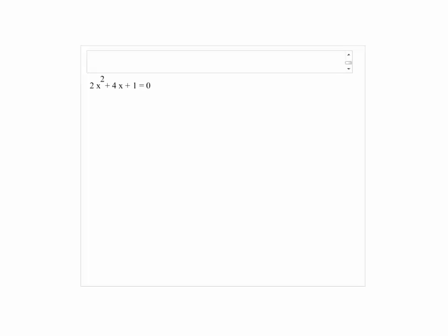Solve by the quadratic formula. 2x squared plus 4x plus 1 equals 0. The quadratic formula is x equals negative b plus or minus the square root of b squared minus 4ac over 2a, and this formula must be used for an equation ax squared plus bx plus c equals 0.